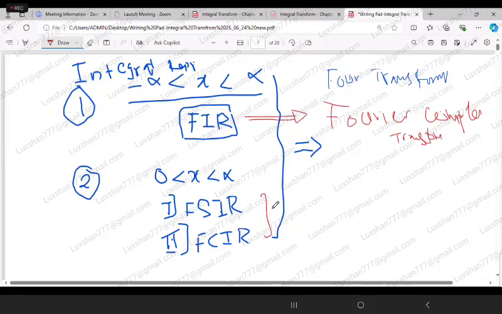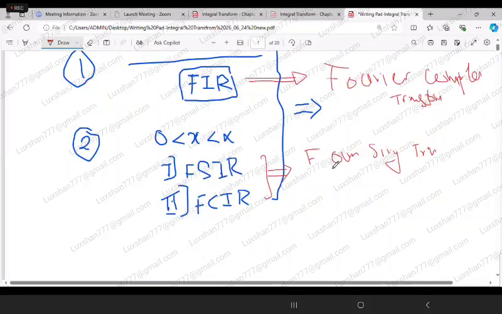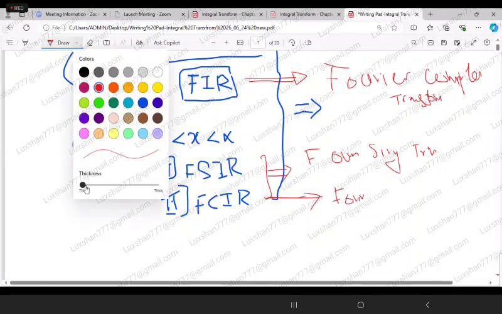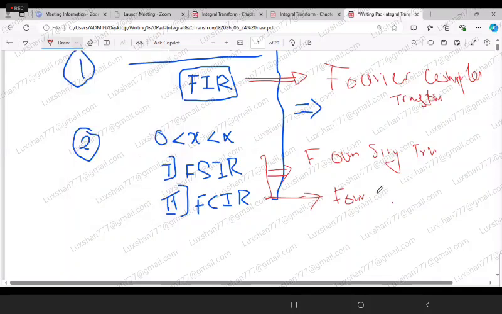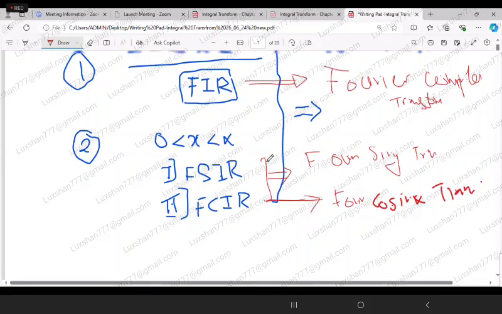From the sine integral representation we had the Fourier sine transform, and from the cosine one we had the Fourier cosine transform. So this is the outline.